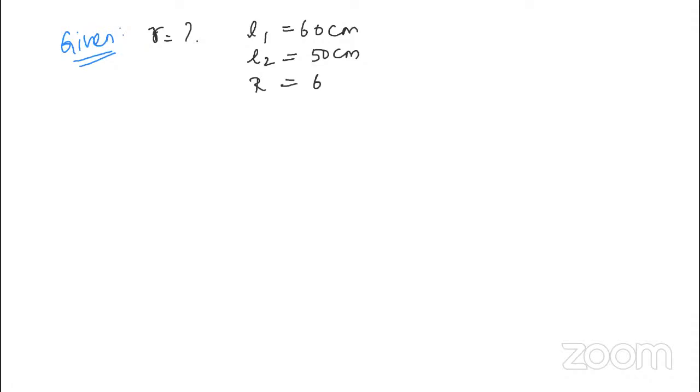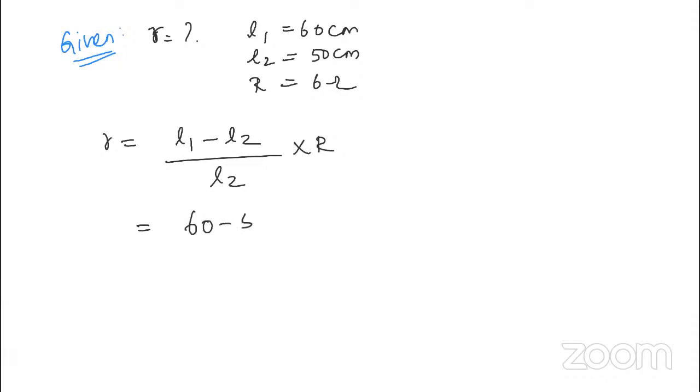Let us now write the formula. Here the internal resistance r is equal to L1 minus L2 divided by L2, into R. Let us substitute the values: 60 minus 50 divided by 50, into 6.